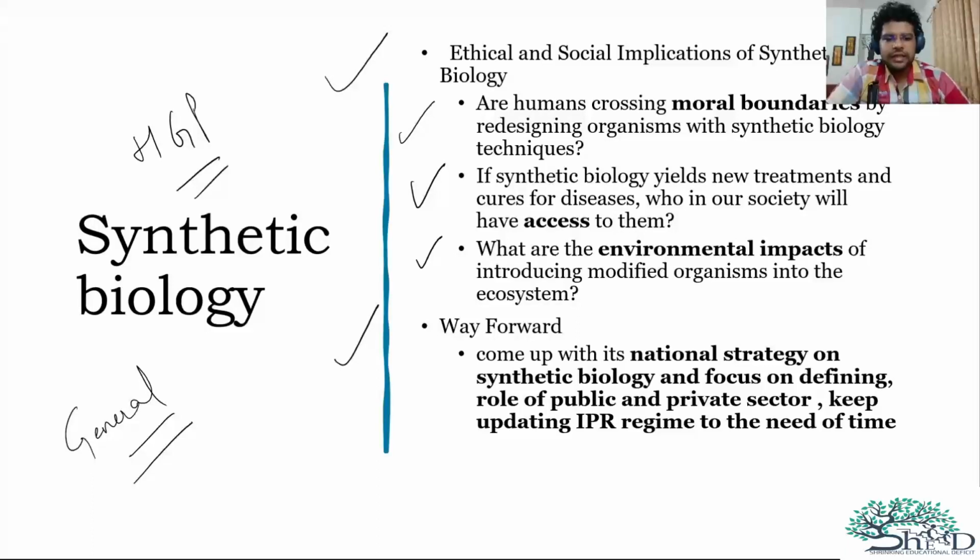So countries like India are in a dilemma because the industry is pushing ahead. They are going ahead with the technological changes, but there is no regulation or policy oversight. So the way forward is we need to quickly come up with a national strategy on synthetic biology, and we need to focus on defining the role of the public and private sector. And of course, keep an updated IPR regime. We will study about IPR.